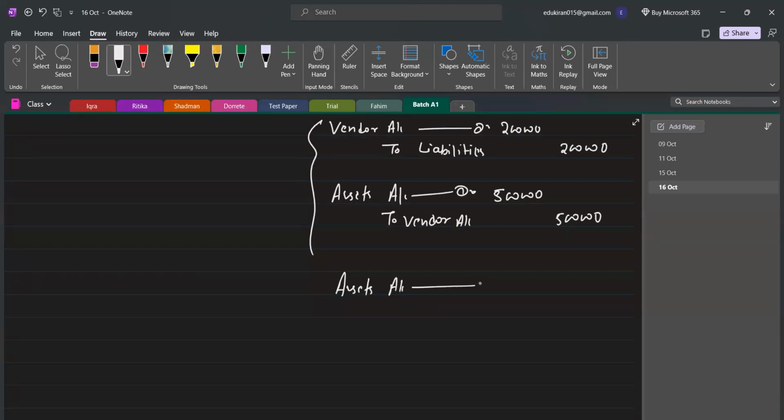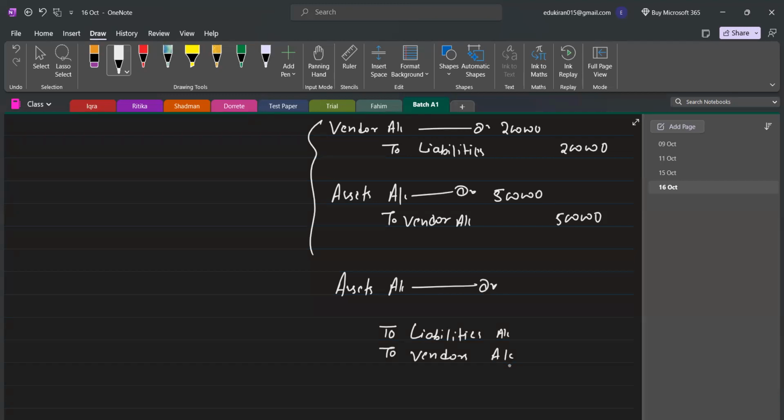Assets account debit to liabilities and to vendors account.